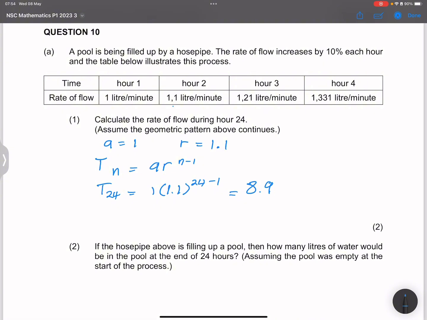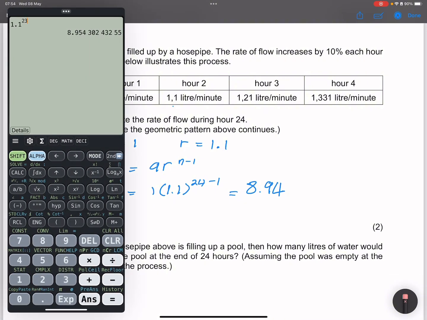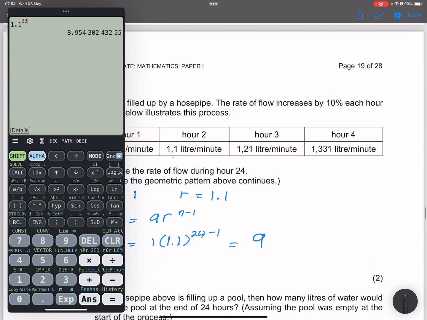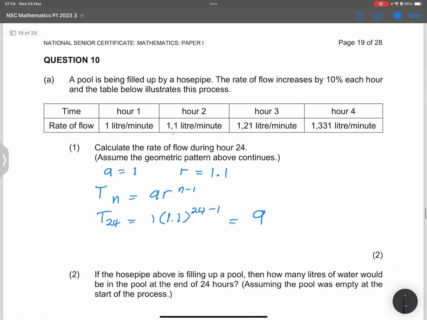They say calculate the rate of flow, so that would be 8.94. In this case we're told to leave the answer to one decimal, so let's say 8.95, so this is going to be 9. So that would be 9 liters per minute.